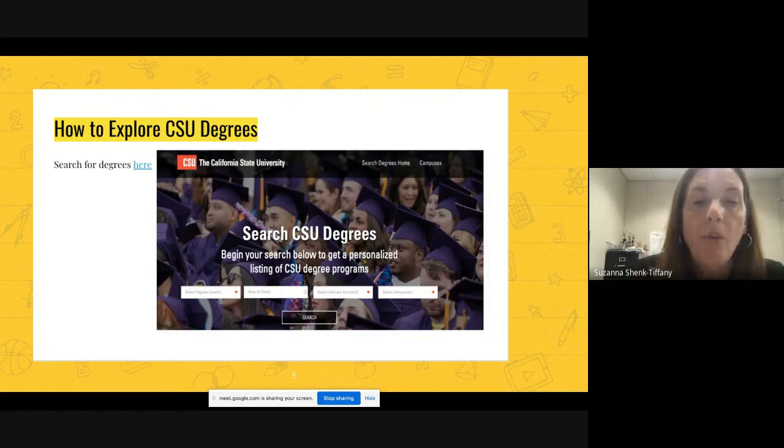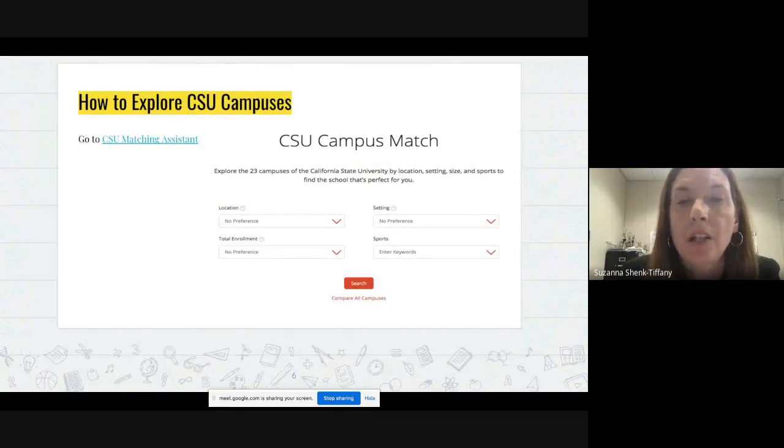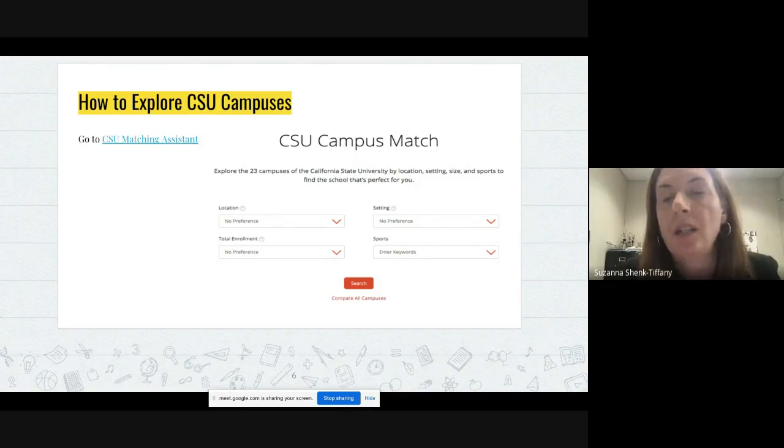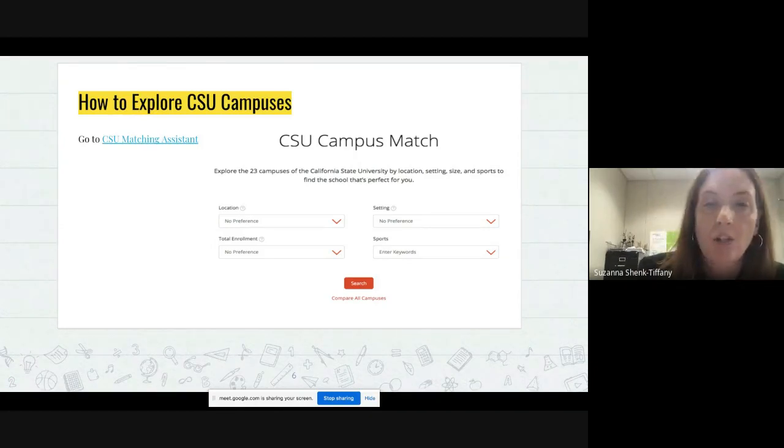You can say, I want a bachelor's degree in psychology, and it'll show you all the campuses that offer that. You can also do something called a CSU campus match. And here you can say, show me a school in Southern California that has less than 20,000 people, that's in a larger city that offers football or something. And it'll show you which campuses match your criteria. So that's pretty cool.